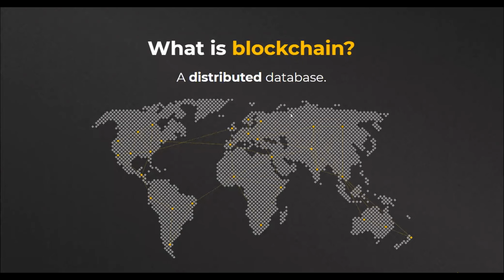Now imagine that information is information on transactions, on assets. Now it's distributed. So blockchain is a distributed database. Everyone can have access to information on the blockchain network as long as they are connected to the blockchain network.